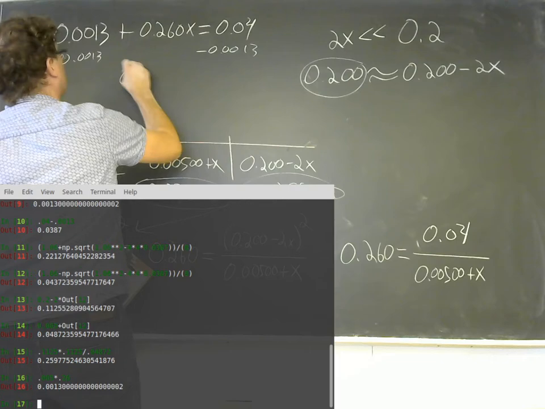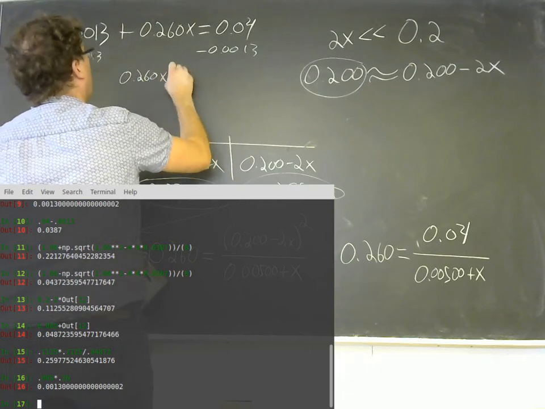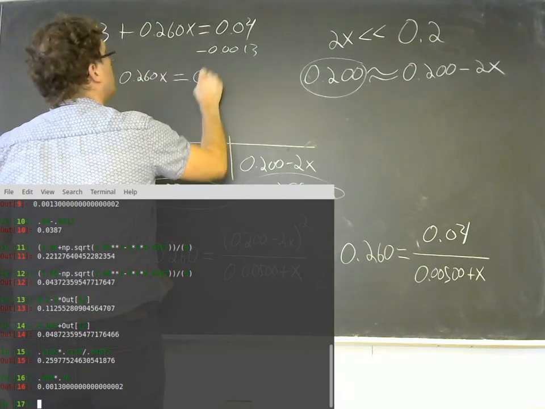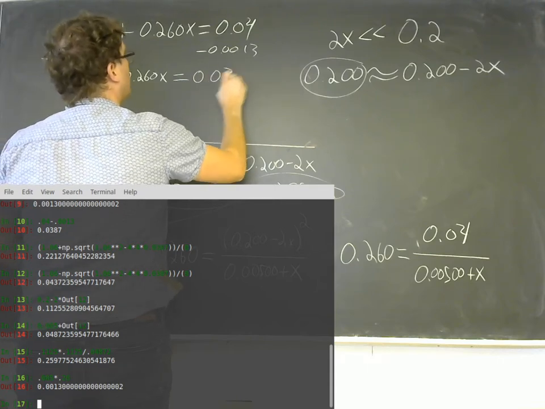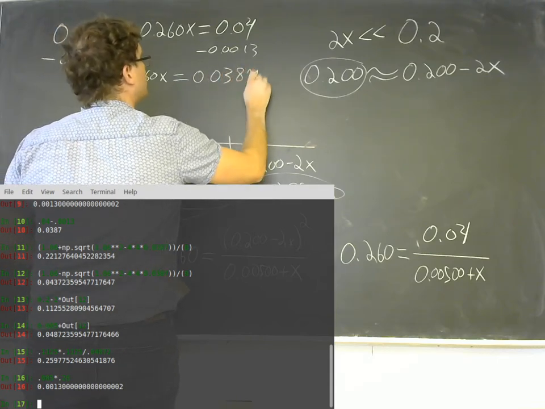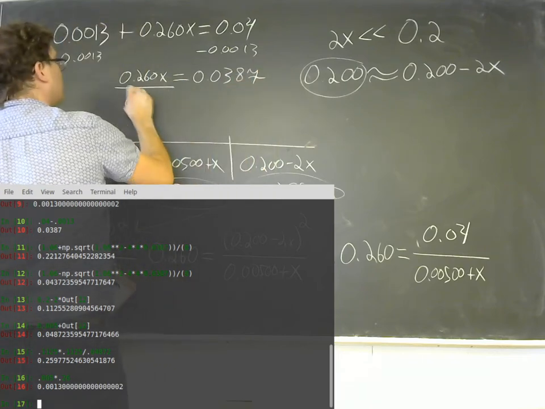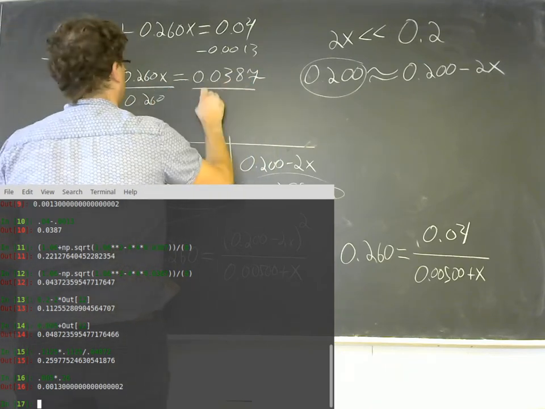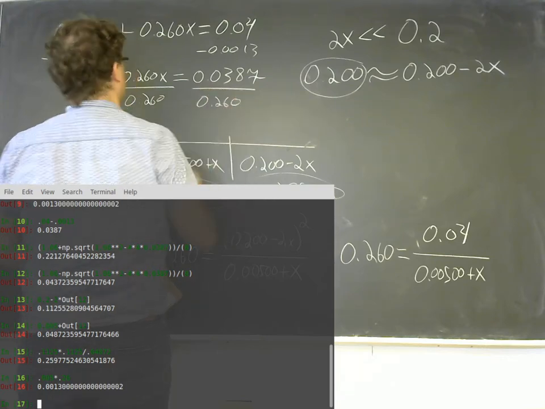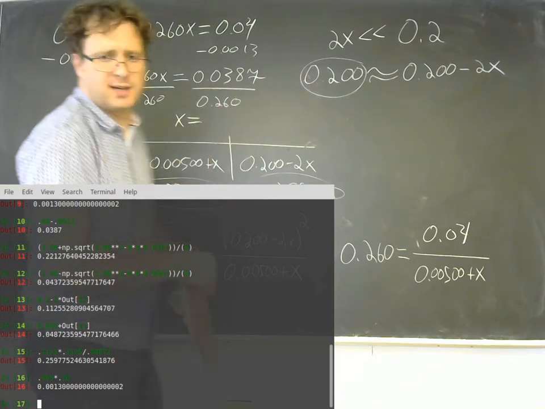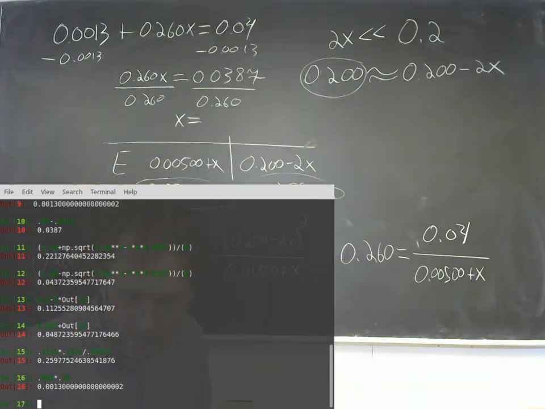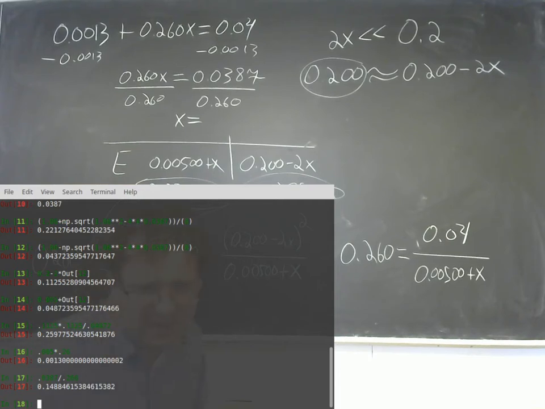And I get 0.260x is equal to 0.0387. And I'll divide both of these by 0.260. And I end up with x is equal to 0.0387 divided by 0.260.